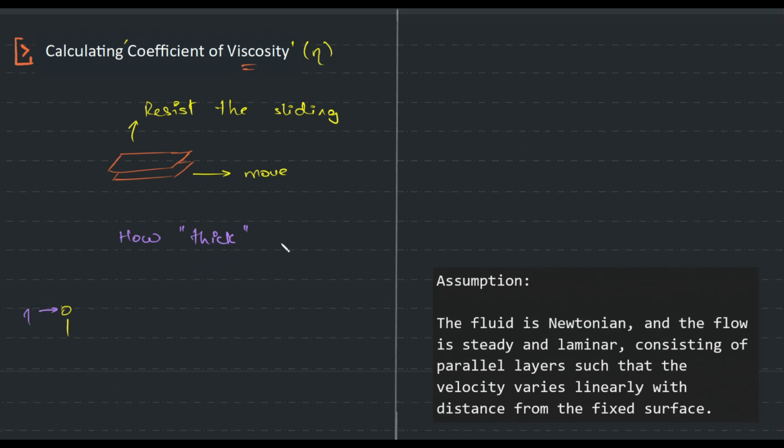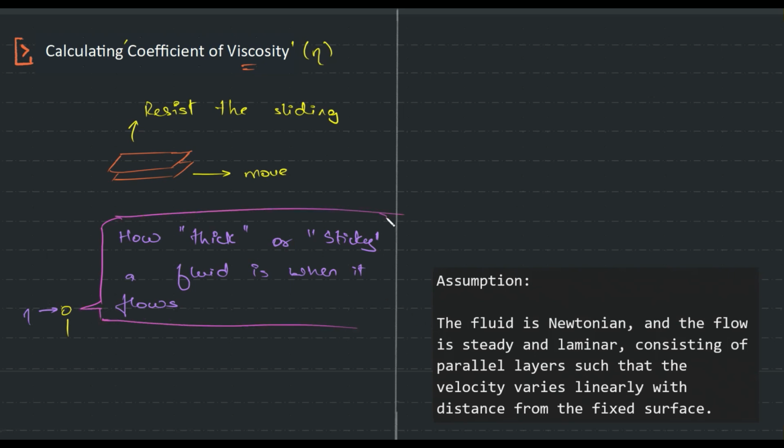Eta is able to tell us how thick or sticky a fluid is when it flows. So that is the entire role of coefficient of viscosity. In this video, we're looking at a way to figure it out, or a derivation of sorts.